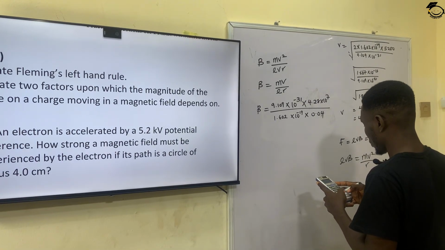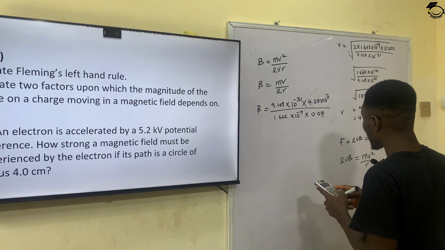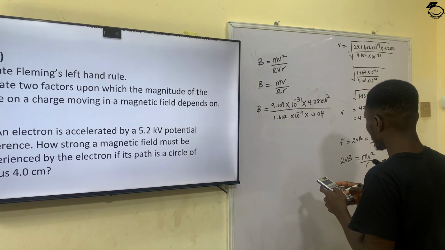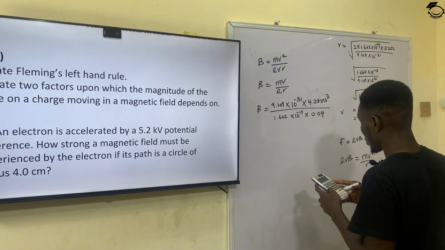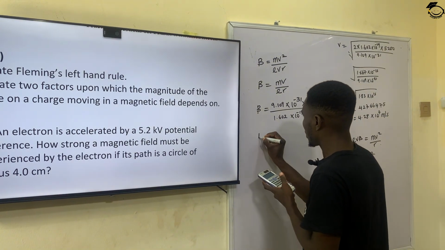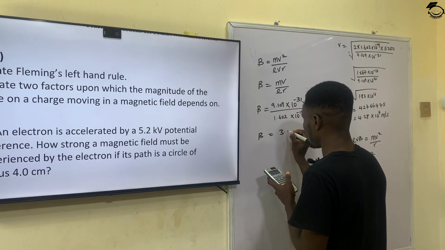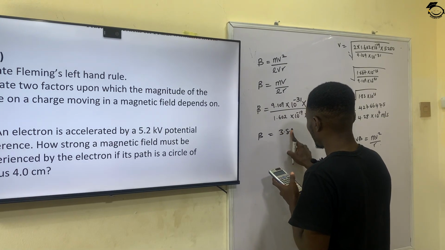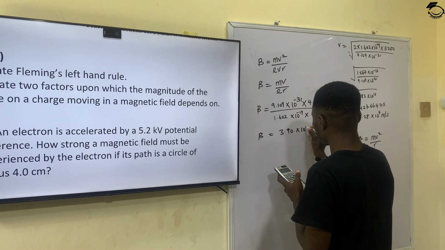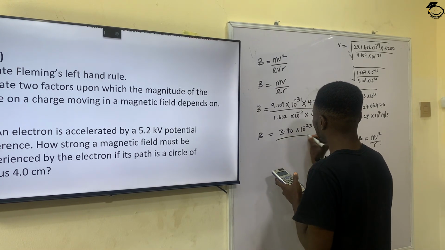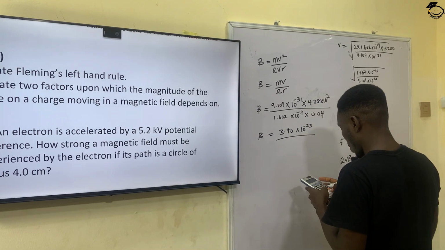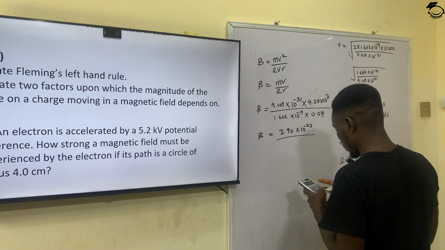This is times 4.28. So I'll have B equal to 3.90 times 10 raised to power minus 23 divided by, now calculate this, 1.602.